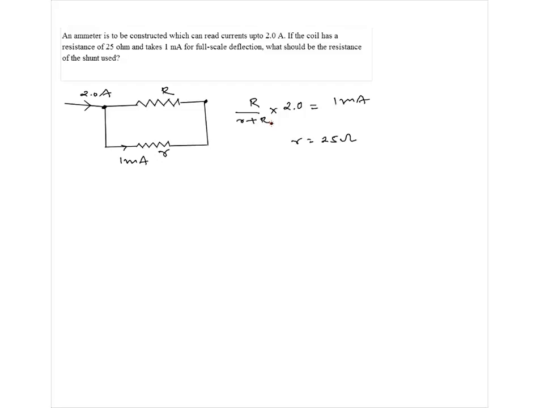Find out capital R. And the answer you should get, it should be a small resistance because most of the current is going through it. Only 1 milliampere is going through the coil. So the shunt is going to be a small resistor which takes most of the current through it.